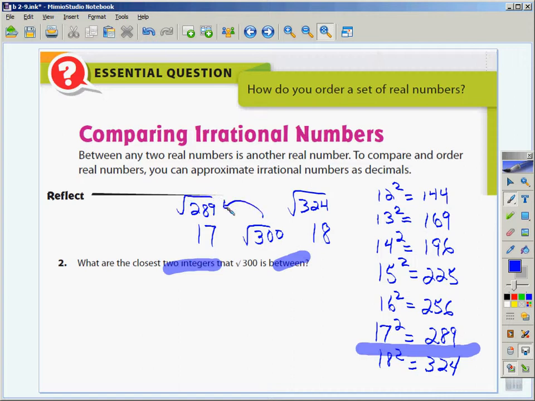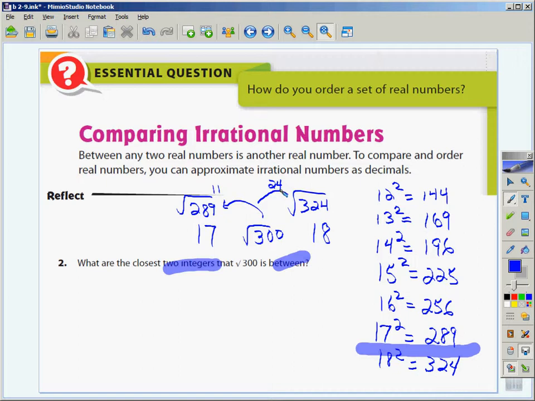It's 11 away here, it's 24 away here, so it's definitely closer to 17. So it's like 17.3, maybe 17.4. Somebody put in the square root of 300 on their calculator. 17.32. Okay?